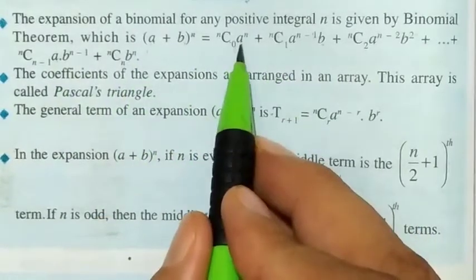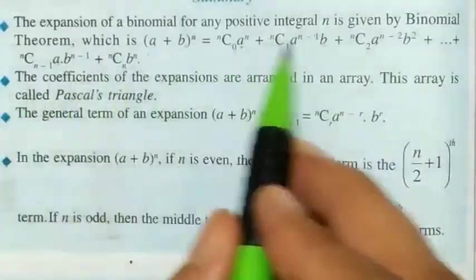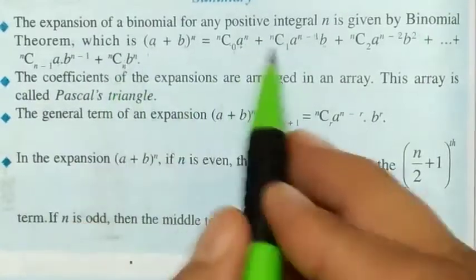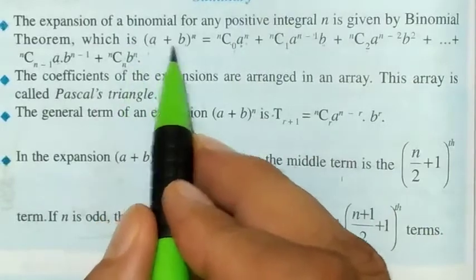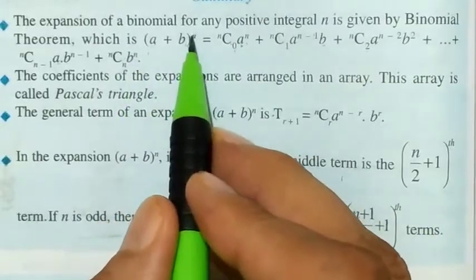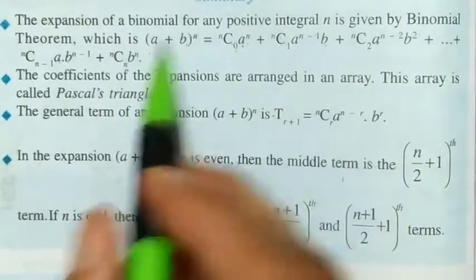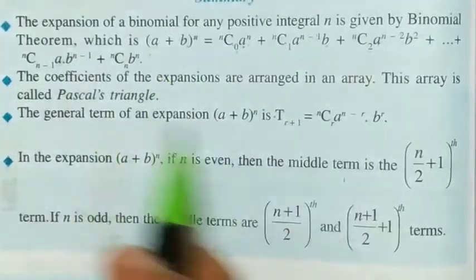So the power of a is decreasing from n to 0 and the power of b is increasing from 0 to n, because the total sum of powers is n. So I think the idea is clear.